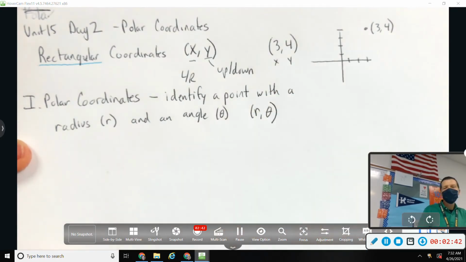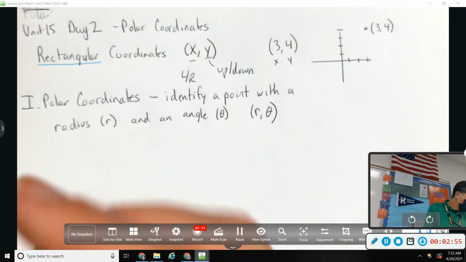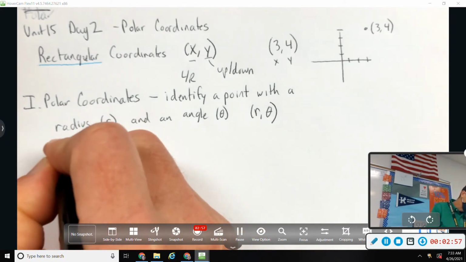So instead of x comma y, it's r comma theta. It's a different way of getting to a point. The radius is the distance from the origin.